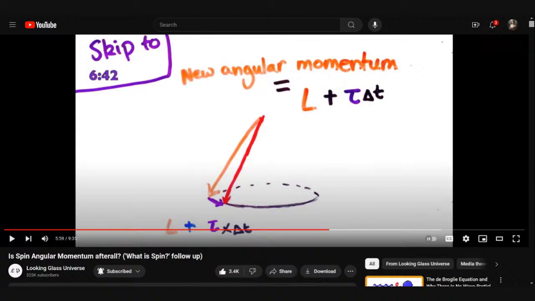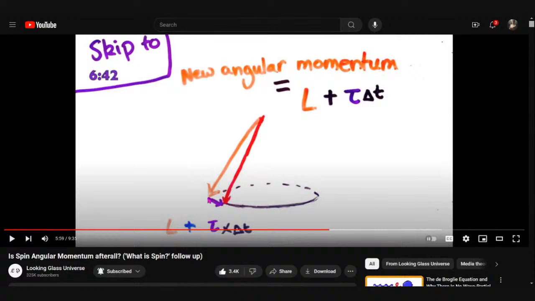If we ignore electromagnetism, we just have a rotating object about the orange, and we want to change it to the red. So we need a vector like this. That's fine. So how do we produce this delta L?